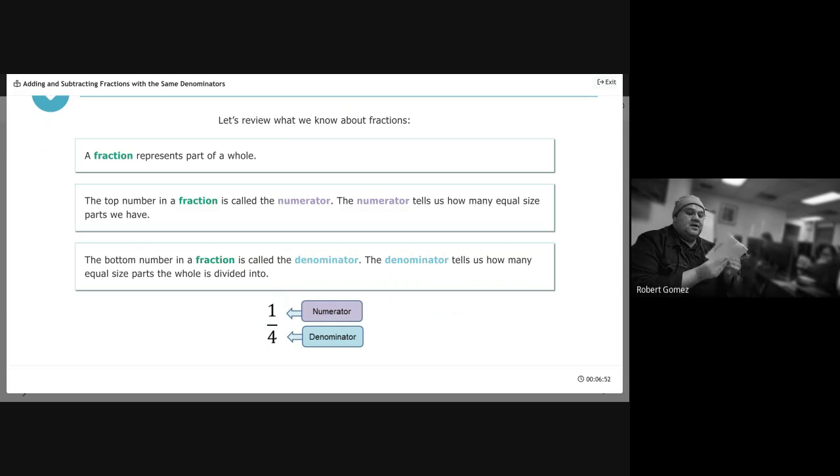So now I've folded it in half. Take a look. It's still a whole, but now there are only 2 parts. You can only see 2 parts of that whole. And so I would represent that by writing a number 2 on top. The numerator is how many equal sized parts we have.